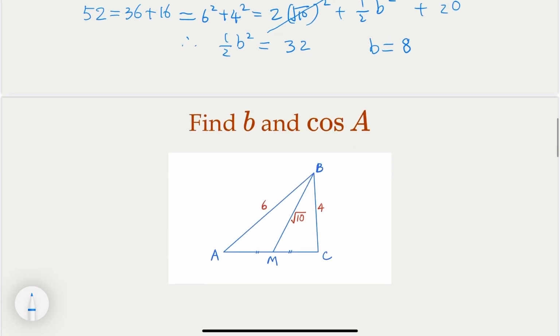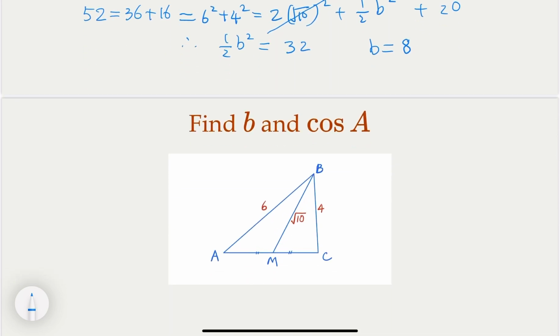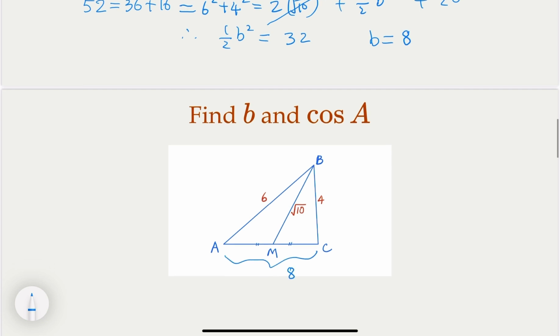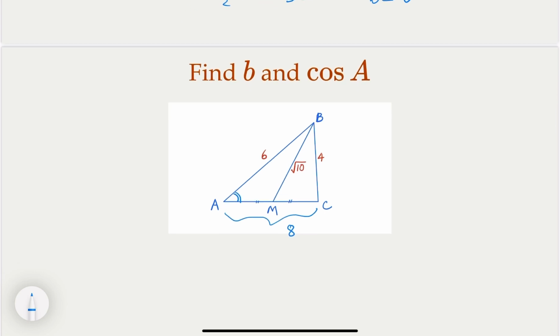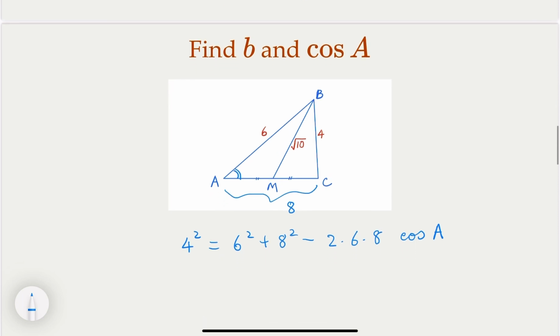So when b equals 8, now we're going to use law of cosine again to find cosine of A. Here we have 4 squared equals 6 squared plus 8 squared minus 2 times 6 times 8 times cosine of A, again by application of law of cosine.